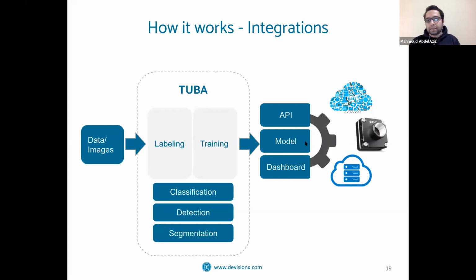You can export it, TensorFlow-based or other formats. Then you take the model and put it on the camera, or on a Jetson board, for example, or in your application itself. Or you can test it using an API: you take the link, open your application, and feed the system with images.